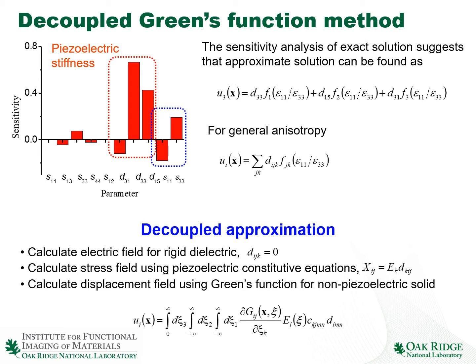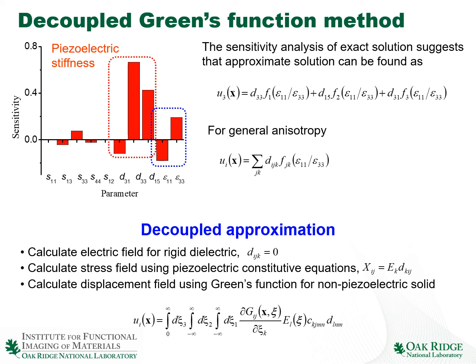In this decoupled approximation, we first calculate the electric field for a rigid dielectric, assuming that the piezoelectric constants are small. Then we calculate the stress field using the piezoelectric constitutive equation. So we turn on the piezoelectric coupling and calculate the stress fields. And then we calculate the displacement fields using the Green function for the non-piezoelectric solid. In other words, first we assume that the piezoelectricity affects the dielectric properties only weakly.